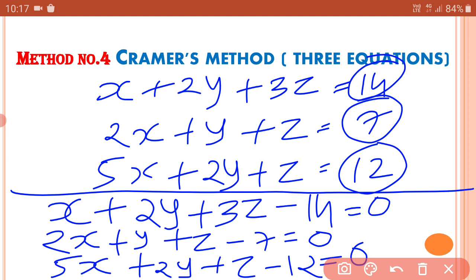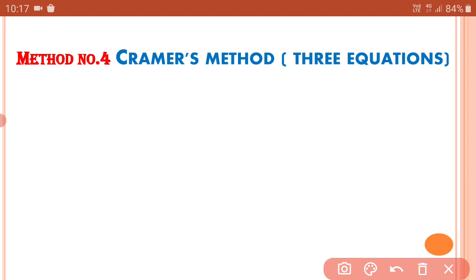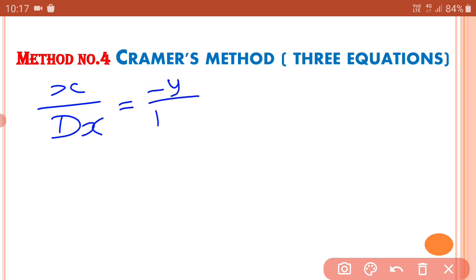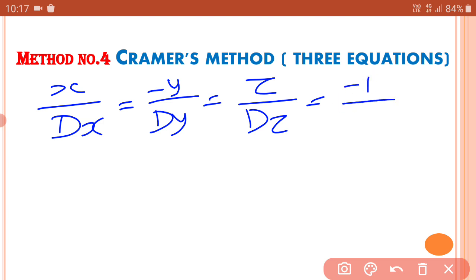Okay. After that, all of you know, you write x upon dx is equal to minus y upon dy is equal to z upon dz and is equal to minus 1 upon d.